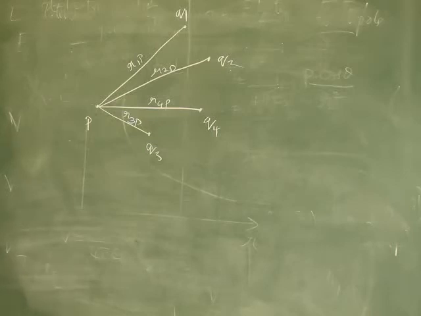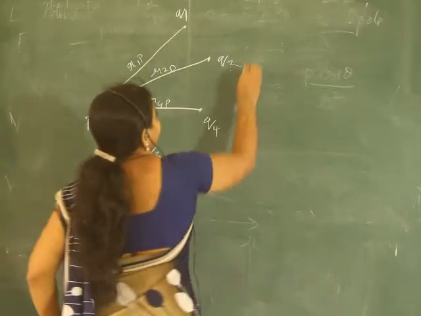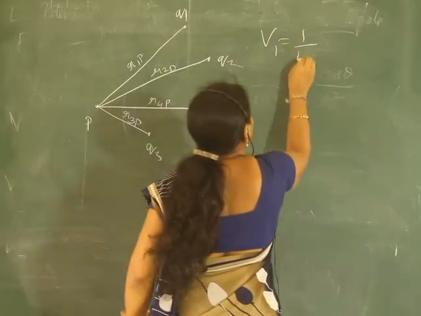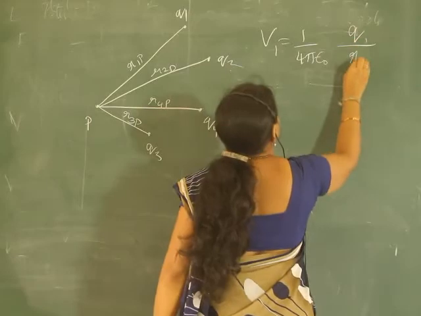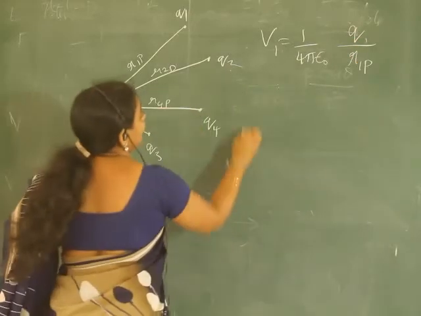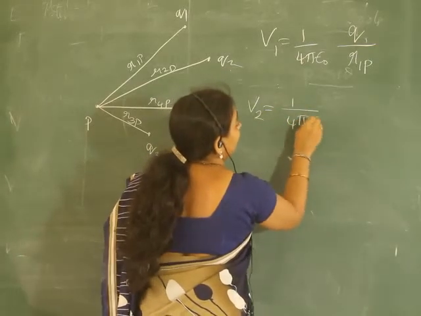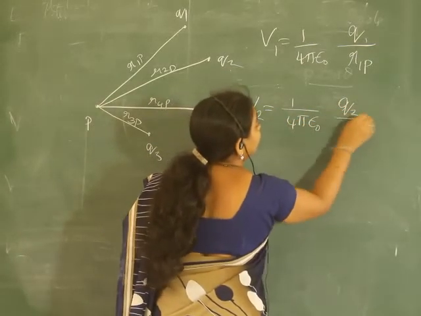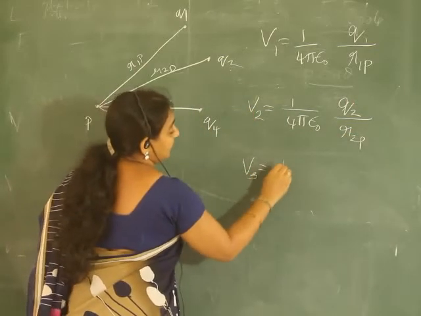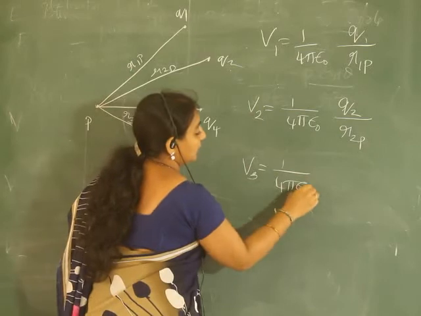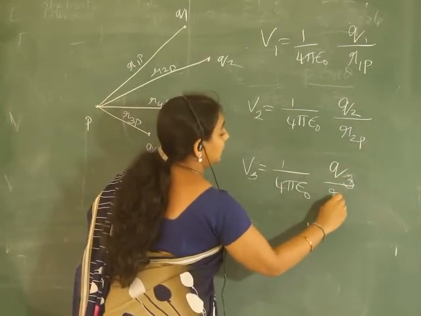Then we will consider single charges. Potential due to the first charge, V1 is equal to 1 by 4 pi epsilon naught Q1 divided by R1P. Potential due to the second charge, V2 is 1 by 4 pi epsilon naught Q2 by R2P. V3 is equal to 1 by 4 pi epsilon naught Q3 by R3P.